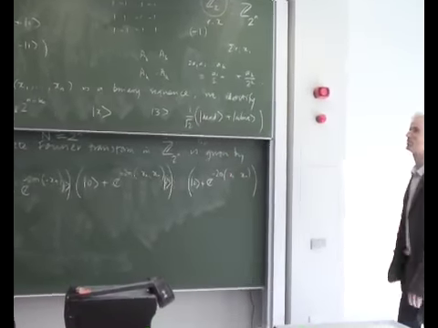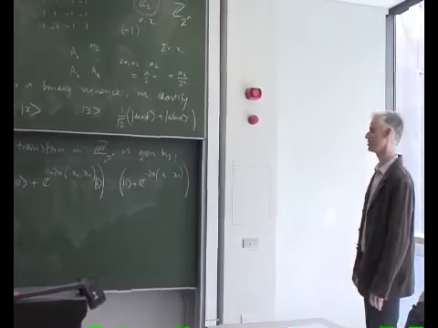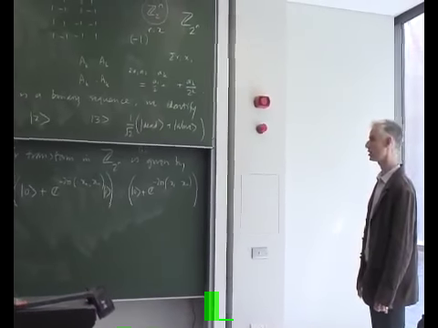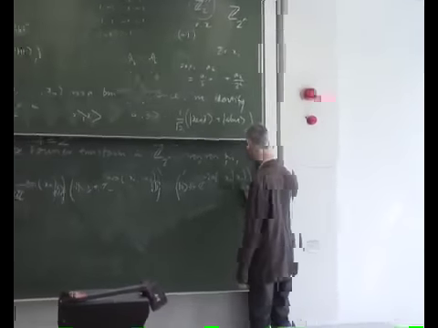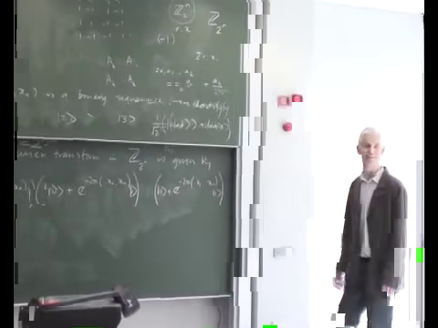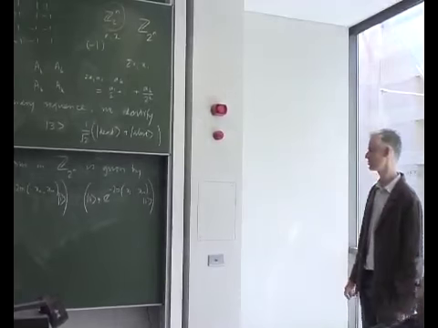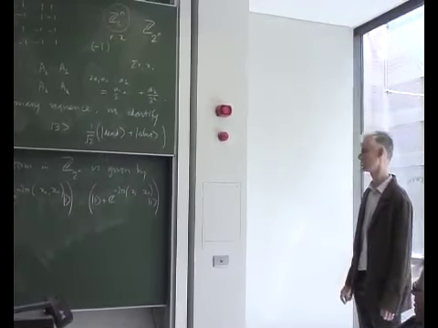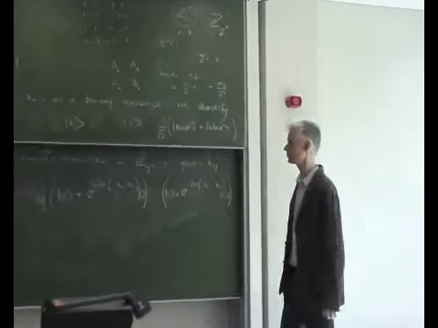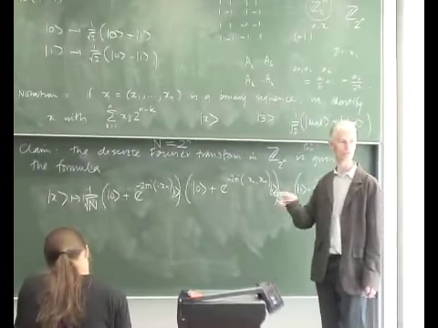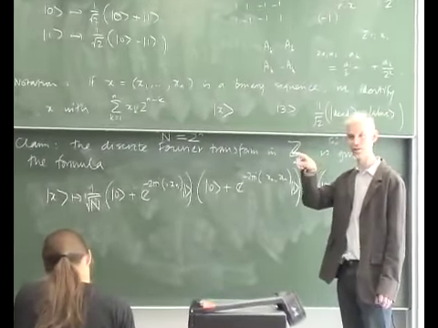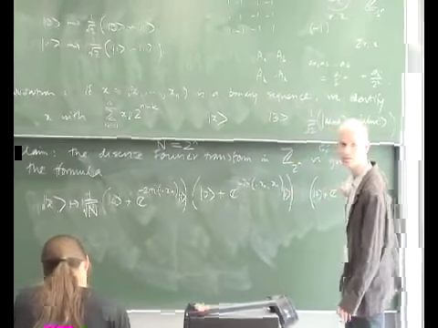I see that I'm not going to get nearly as far as I thought in this lecture. But let's just see why this slightly odd looking map should give us the discrete Fourier transform. So to do that, I want to look at the coefficient of the state R on the right-hand side.